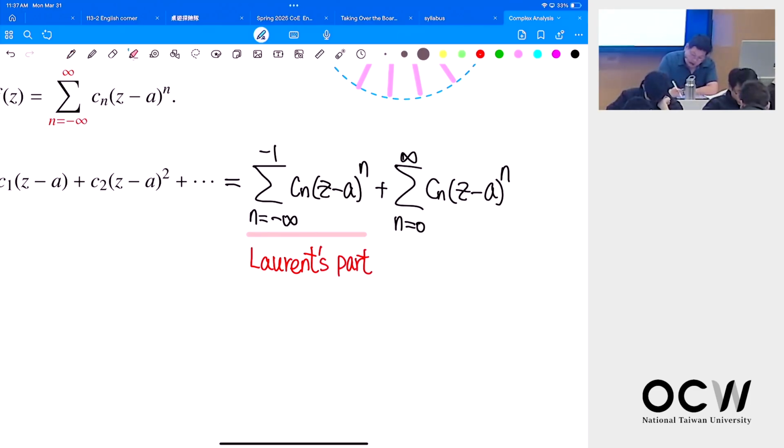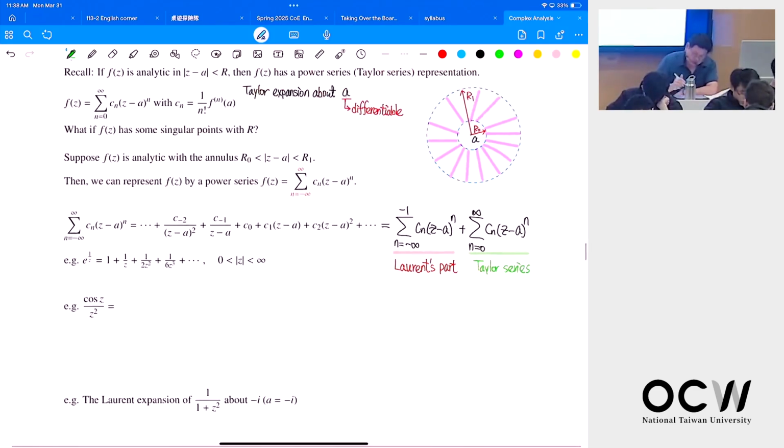And the second term will be the Taylor series. For example, e to the 1 over z. That'll be 1 plus 1 over z plus 1 over 2 z squared, and so on, and your z is from 0 to infinity.